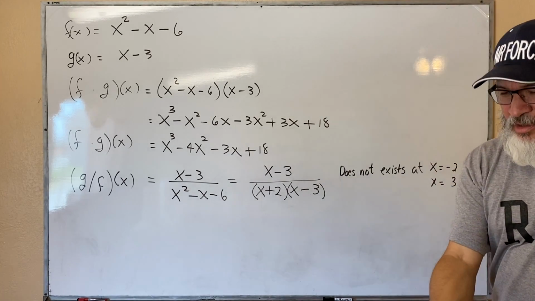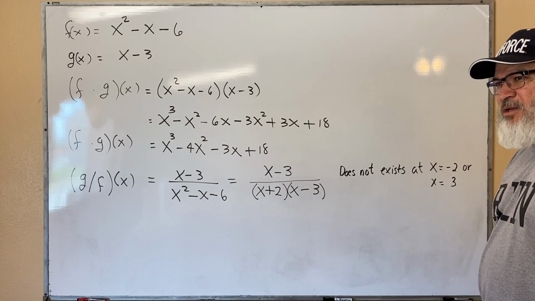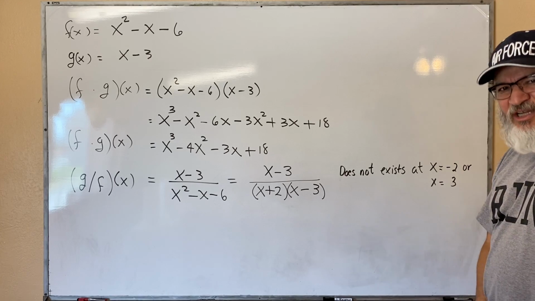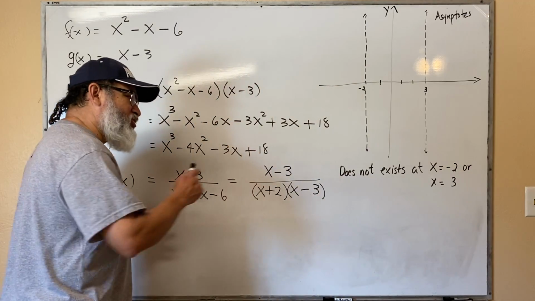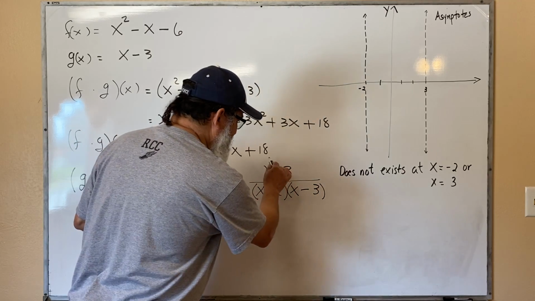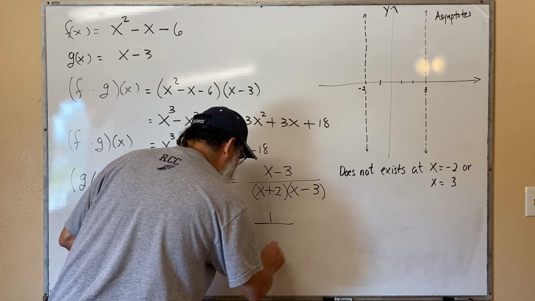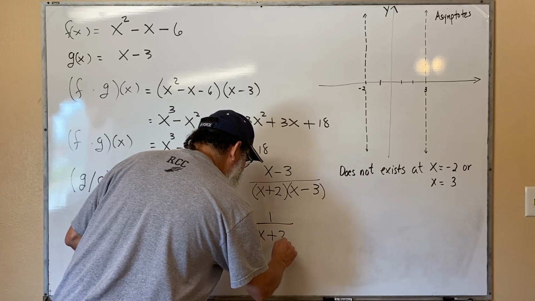Okay. This is from section, I believe it's 4.6. Now you simplify this. So this equals, the x minus 3 cancels the x minus 3, 1 over x plus 2.